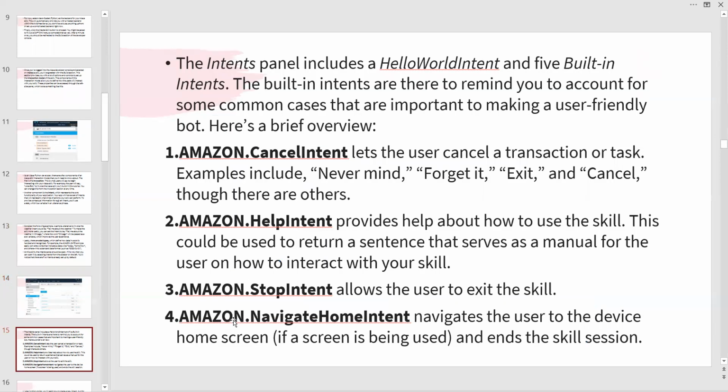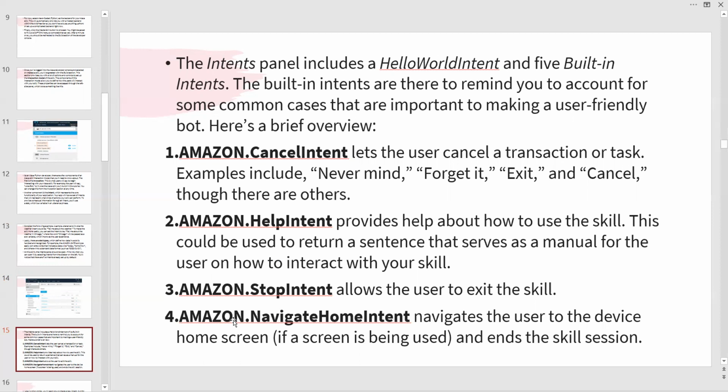The intents panel includes Hello World intent and 5 built-in intents. The built-in intents are there to remind you to account for some common cases that are important to making a user-friendly bot. Here is a brief overview. Amazon cancel intent lets the user cancel a transaction or task. Examples include never mind, forget it, exit, and cancel, though there are others.